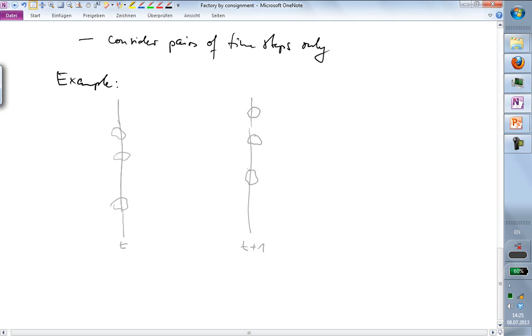And now I can consider a number of possible associations. I could say this one from the first time step corresponds to that one, or I could assume that it corresponds to this one. And if I looked at only this particle here, the first one on the left-hand side, it's probably not clear what is the correct answer.